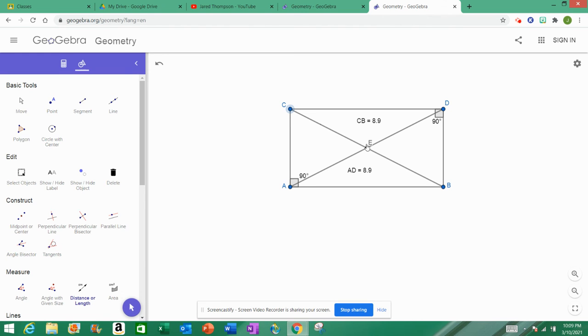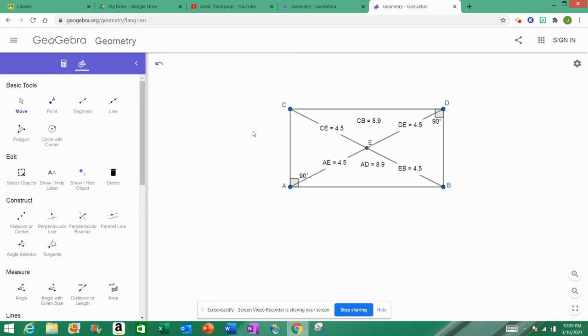And so we can also see it with the little pieces. Let me move all these where they go. So look at this now. Because the diagonals are congruent, every little piece of a diagonal is the same length.